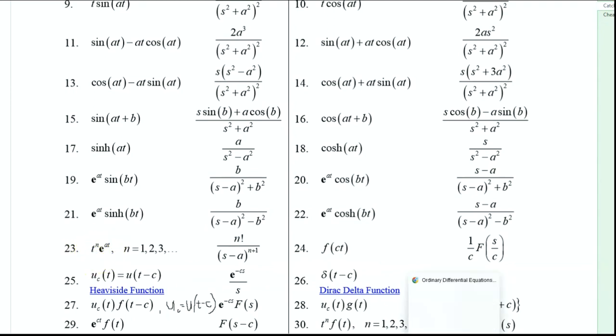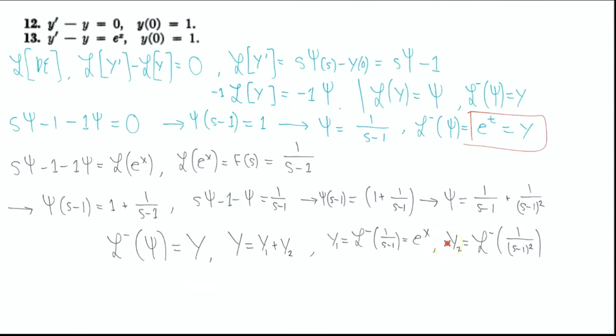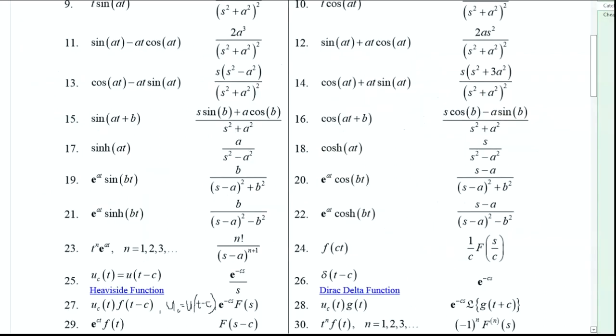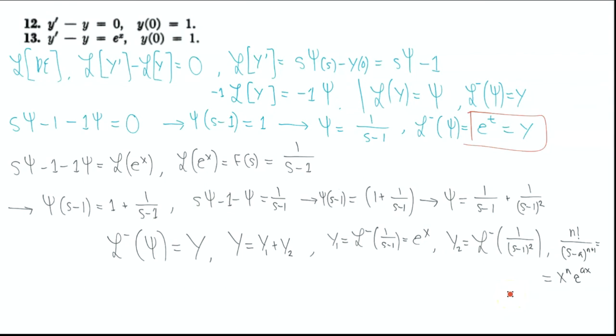Okay, let's go back. So let's just break it down. I'll rewrite the formula real quick. n factorial over (s minus a) to the n plus 1 is equal to, sorry about the bad spacing right here, t to the n e to the at. Instead of saying t again, I'll say x. x to the n e to the ax, I believe. Let's check. Yeah. Okay. So in our case, a is equal to 1, and n is equal to 1, right?